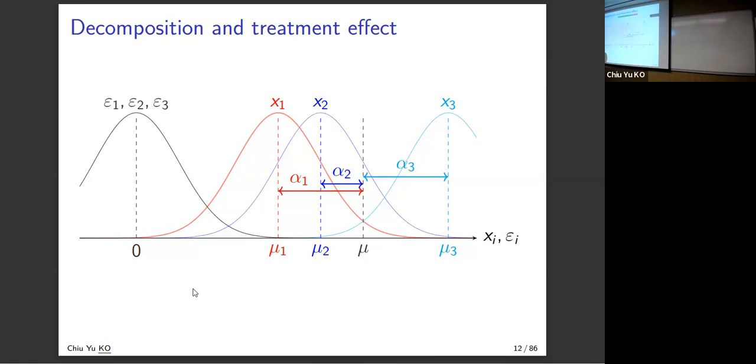You will see that x, the red one, is a bell curve centered at mu1. Because mu is a constant, you can always move the center. If they're the same shape, you can move everything back to epsilon, but with this alpha. So as long as I know the alphas and epsilon, it's the same as knowing x.